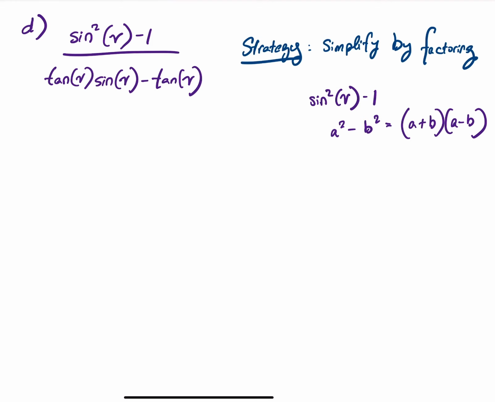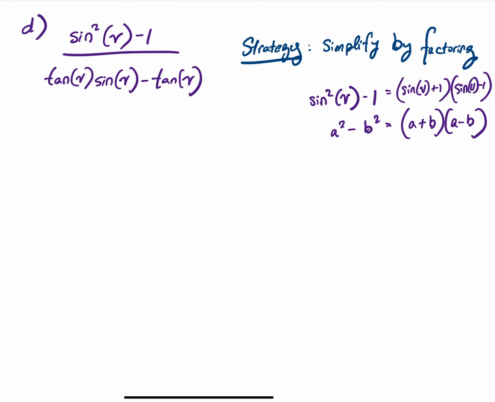We kind of did that in reverse earlier. When we multiplied something like this out, we got something like that, difference of squares. So that means that numerator can factor into sine of v plus 1 times sine of v minus 1. And you can multiply that out and see if you get the left-hand side back.